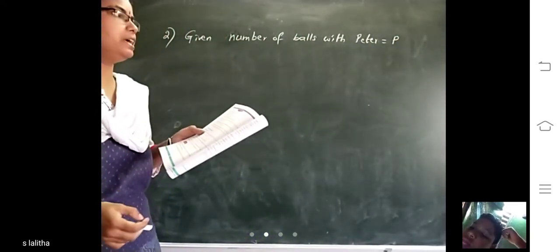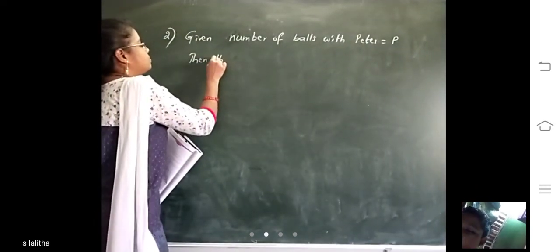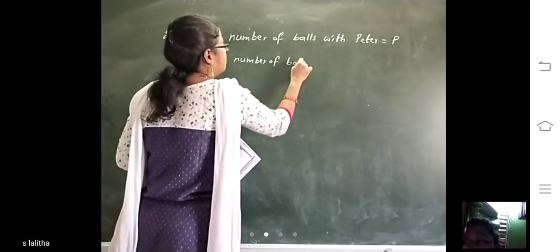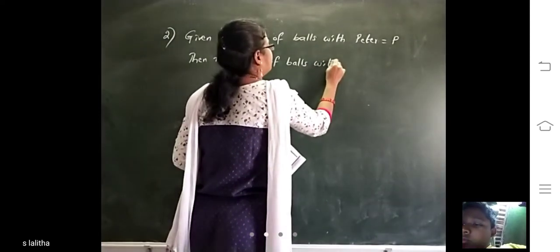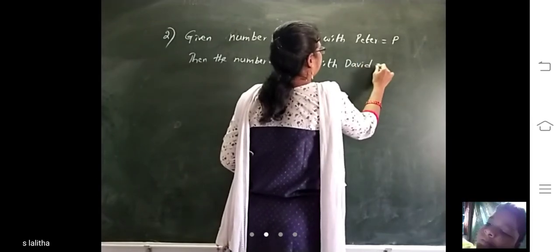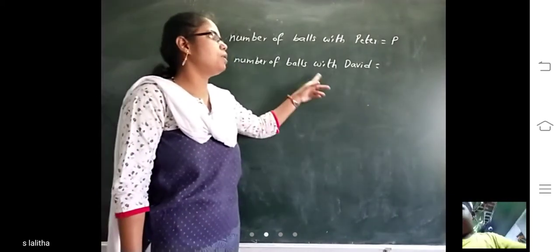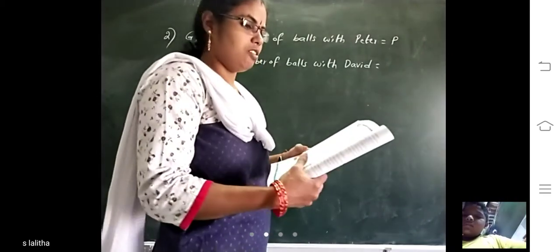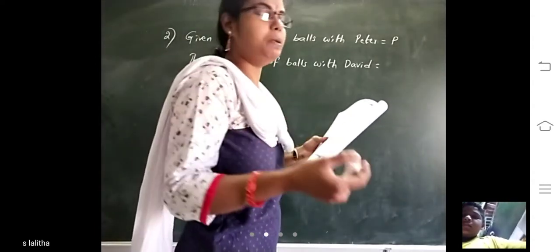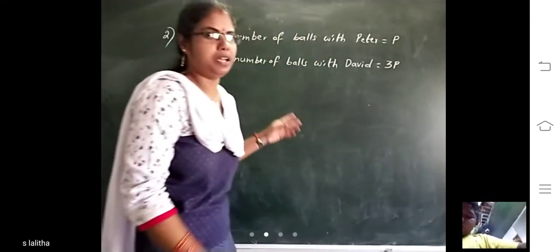The number of balls with Peter is equal to p. Then the number of balls with David, how many? Given here, 3 times the balls with Peter. That means 3 times Peter, that is 3 into p. 3p. Okay? Right.